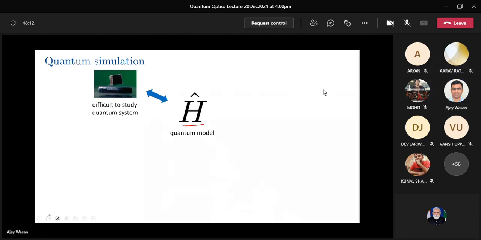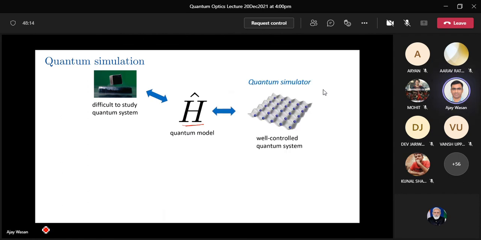So theoretically, for the quantum simulator, whatever I'm showing here, we trap the atoms. Each atom is trapped in a uniform way. Nowadays atoms can be trapped in whatever way you want.